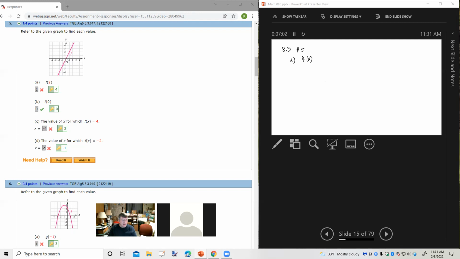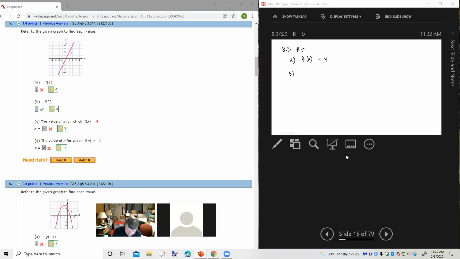So on the graph of f, we want to find the point that has an x value of 2. This point right here has an x coordinate of 2, and the corresponding y coordinate is 4. Therefore, f of 2 equals 4. Any questions on that?